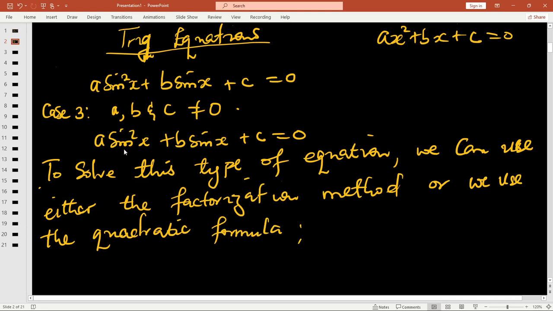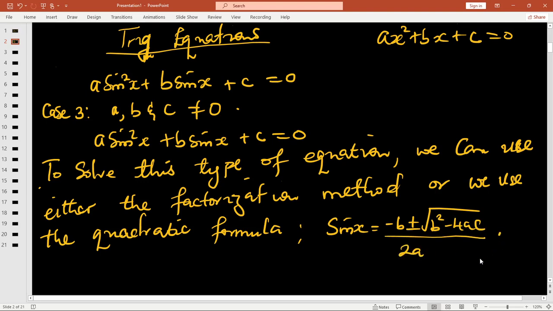In this case we have sine x, so I can simply say sine x is equal to negative b plus or minus the square root of b squared minus 4ac, divided by 2a. Depending on what you get there, you're going to see the number of solutions that you can have. Okay, so this is for case 3.